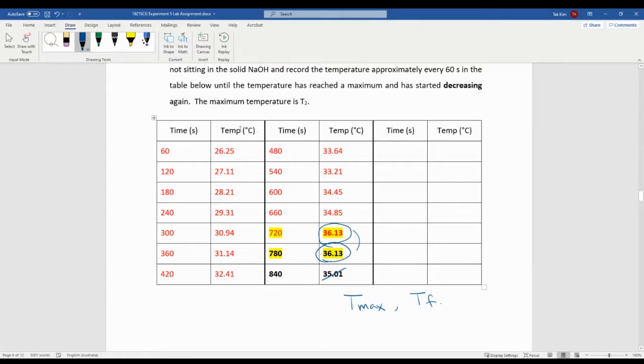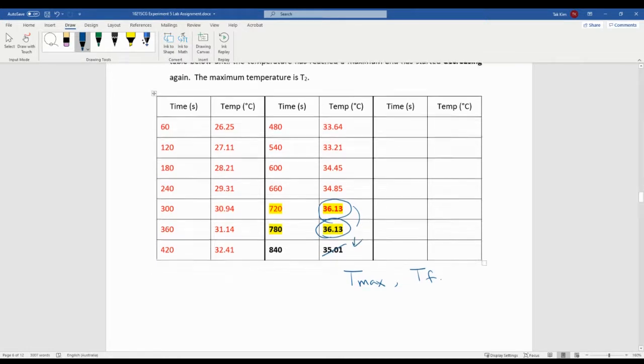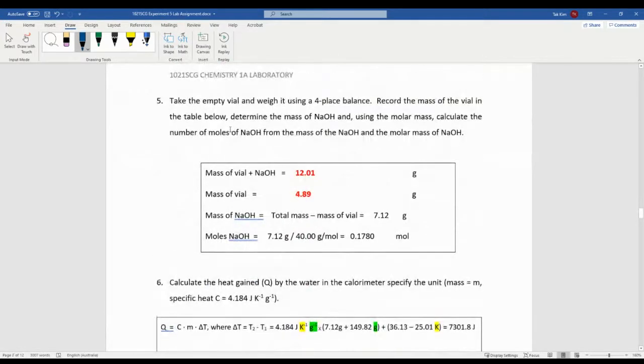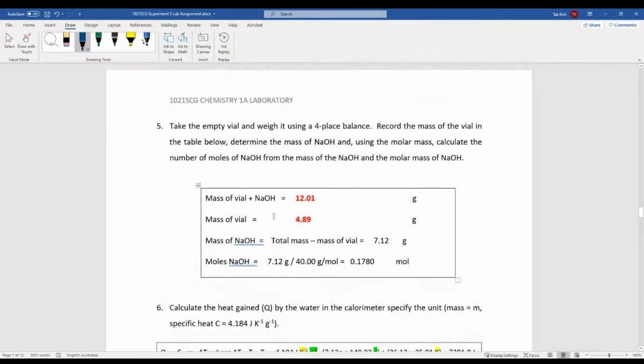And then eventually the heat goes down once it reaches the maximum. Looks like the answer is already given. I will need to go through everything here again, but let's have a look at how we get to these ones.